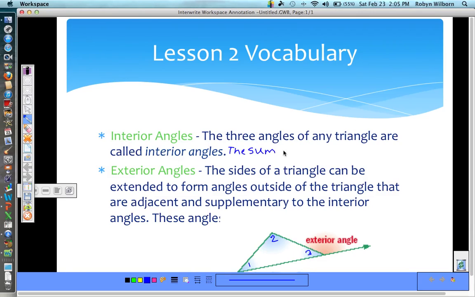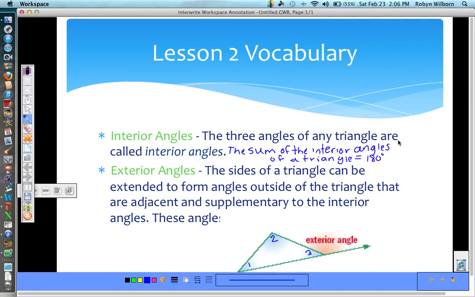The sum of the interior angles of a triangle always equal 180 degrees.